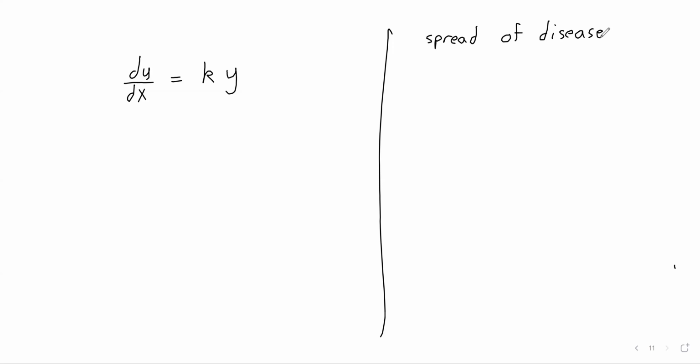Every disease has a number attached to it: the basic reproductive ratio.